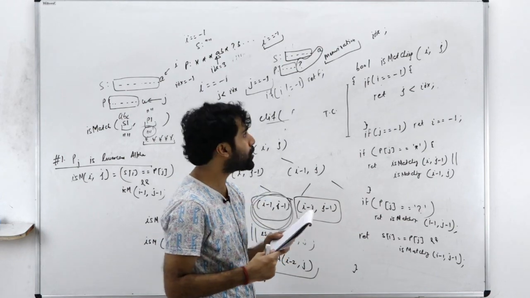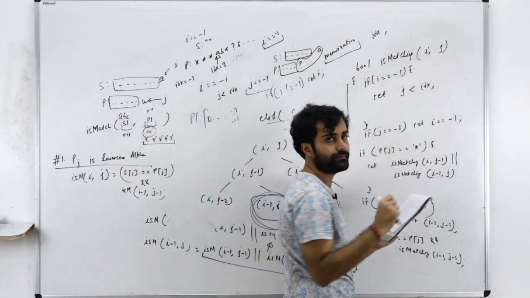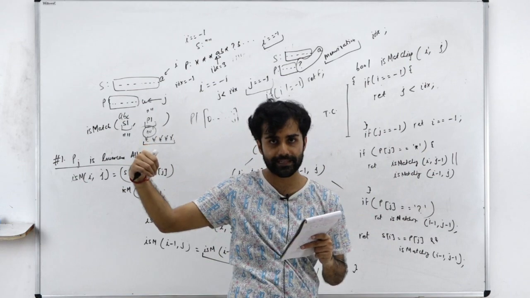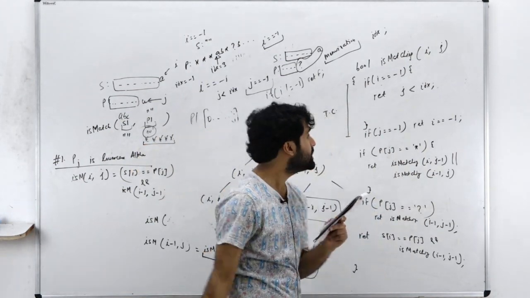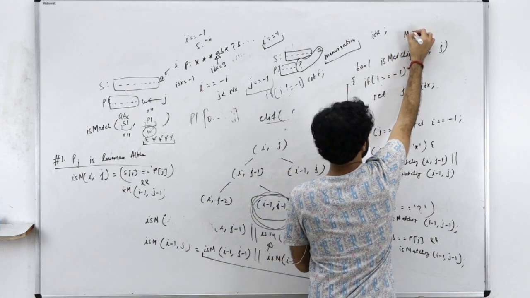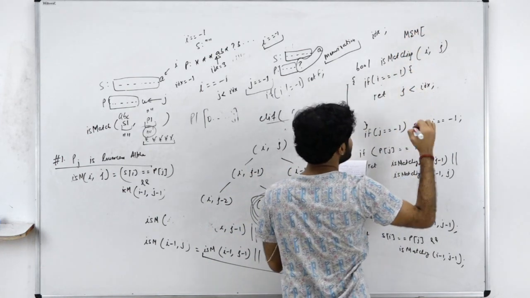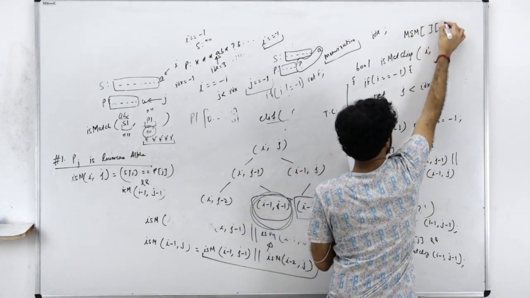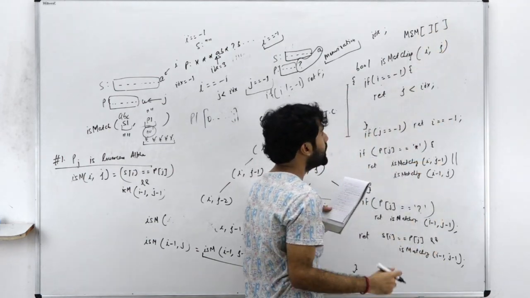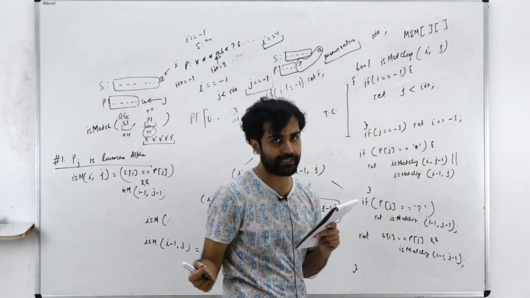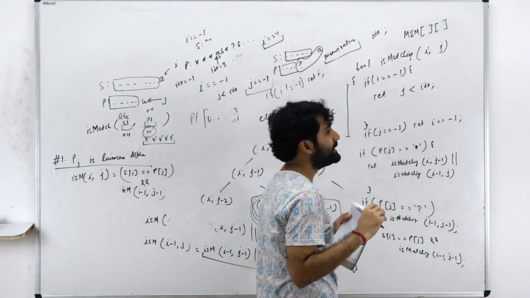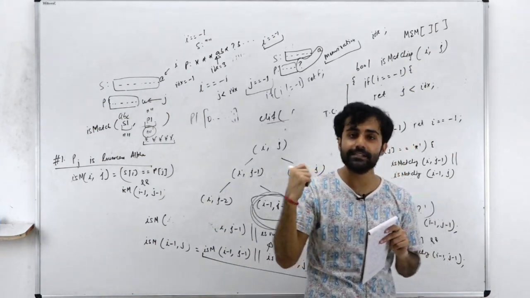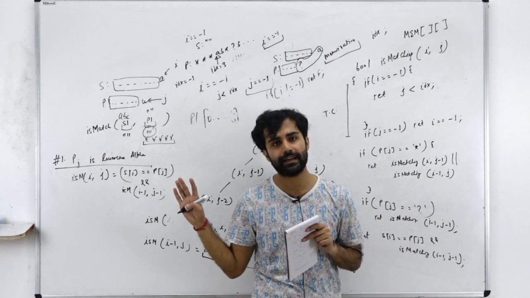Now here, my problem is being denoted by i, j, because i represents a portion of string S and j represents a portion of pattern P, right? So I can have a memoization array, and this memoization array should have two dimensions. The first dimension will denote i and the second dimension will denote j, right? And this memoization array can initially be initialized to any garbage kind of value.